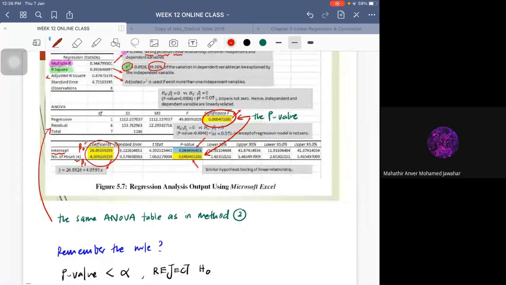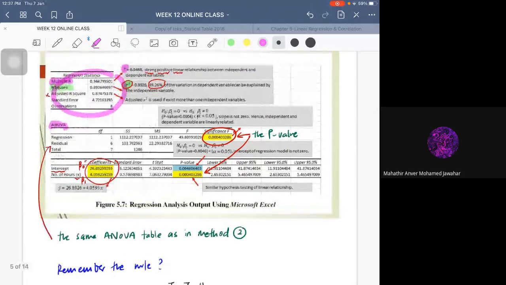And of course, the other one that is our main focus today is this ANOVA table. It is the middle table, in between the table that has the value of the intercept and the top table right here. When you do ANOVA in chapter 4, the last column gives you the critical value. The significance F actually gives you the critical value, but that is not the case for simple linear regression.